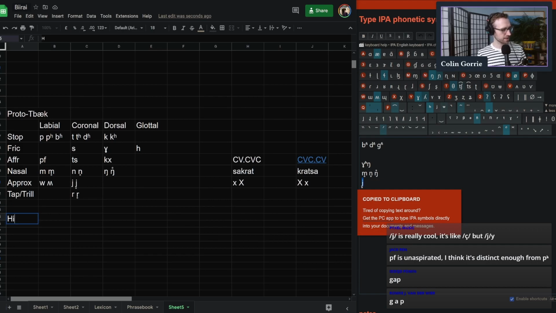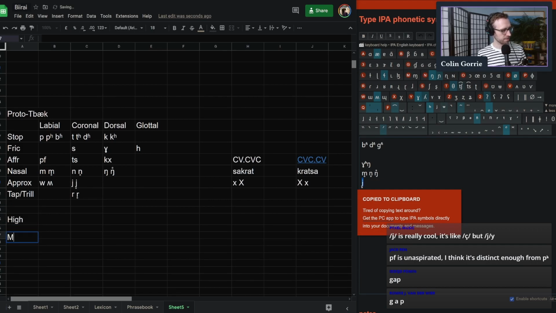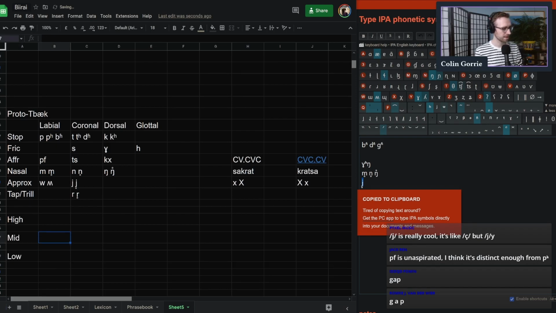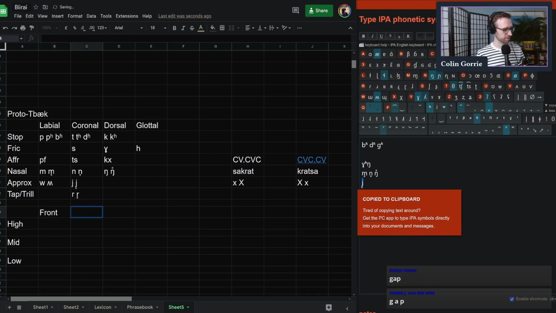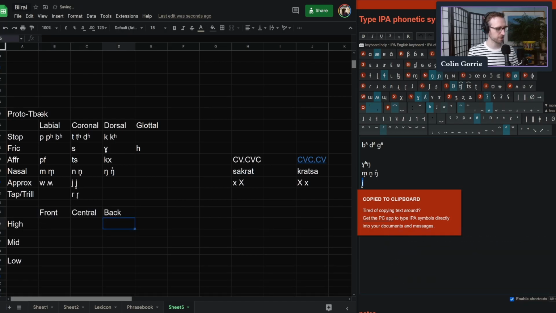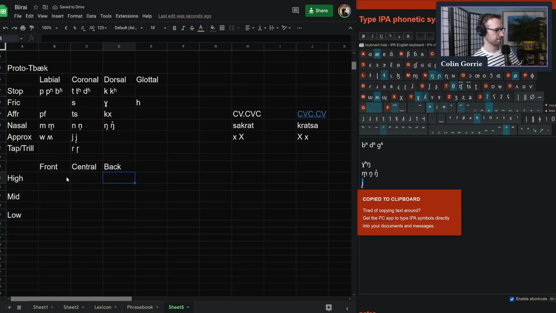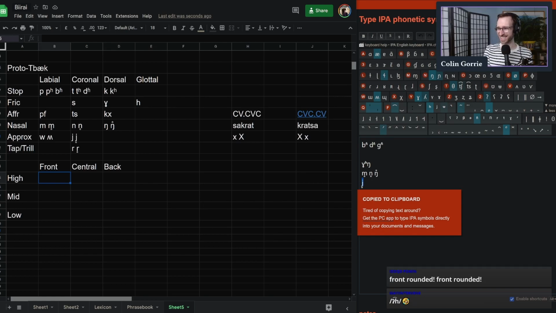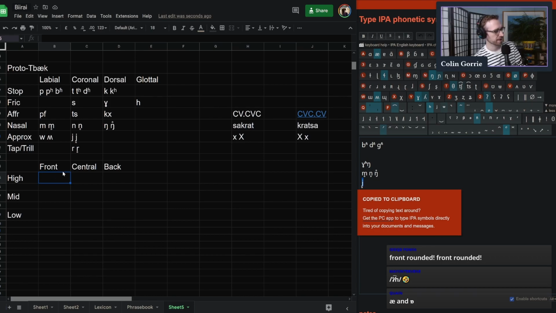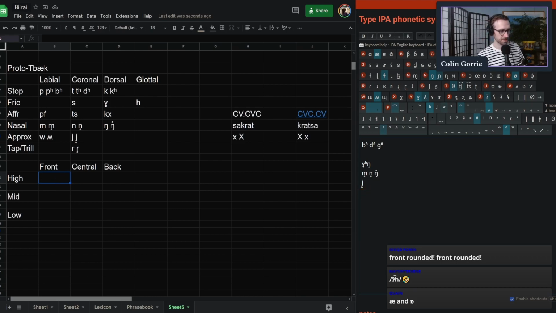So vowels, high, mid, low. Please respond. Front, central, back. The good friends that we've made over the years. Okay. We are going to need to put in, I think, a.